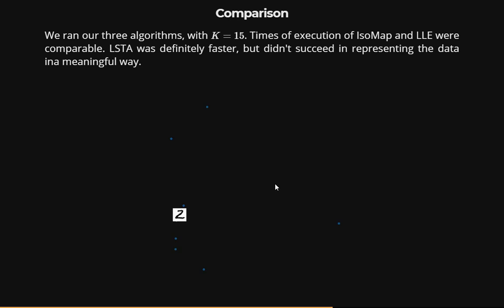This is LTSA, which is weird. If I remove the pictures of the digits, maybe you'll understand what happened. Everything ended up here. So LTSA couldn't tell the points apart, probably due to problems with the eigenvector solver, but anyway, that was the algorithm.